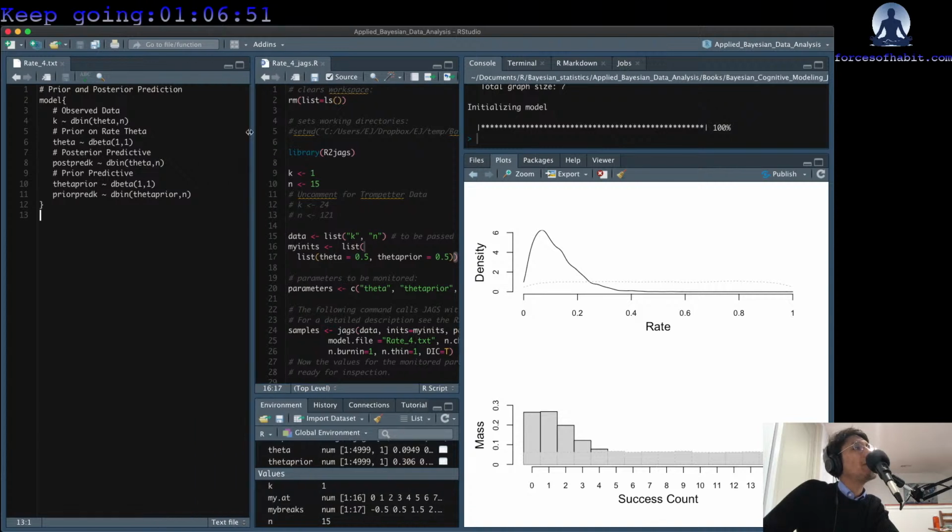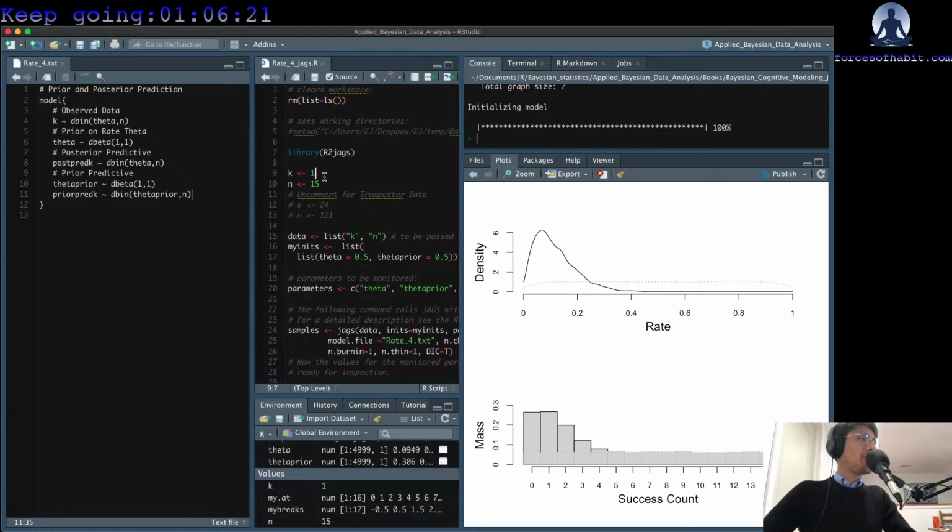So it wants me to change this code and make it so that instead of modeling my priors... does it want me to change the posterior predictive and prior predictive models to represent something beyond just n?